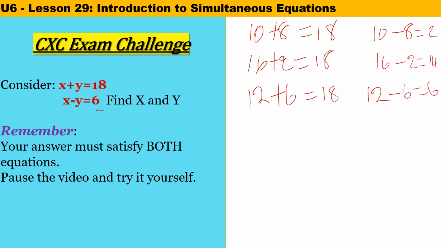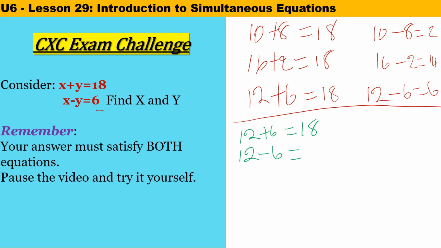Does this satisfy the equation? Yes, it does. So you go ahead and you do your substitution. 12 plus 6 equal 18. 12 minus 6 equal 6. Therefore, x is equal to 12 and y is equal to 6.